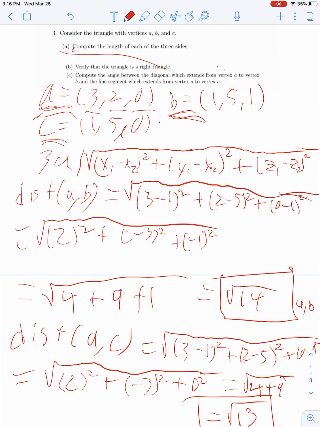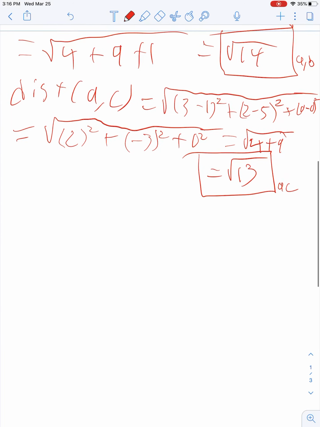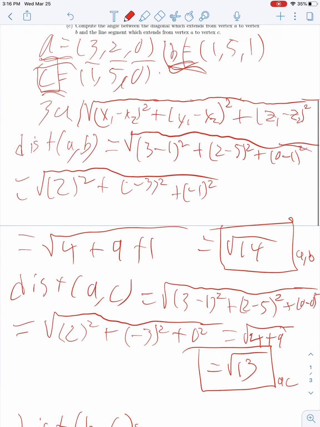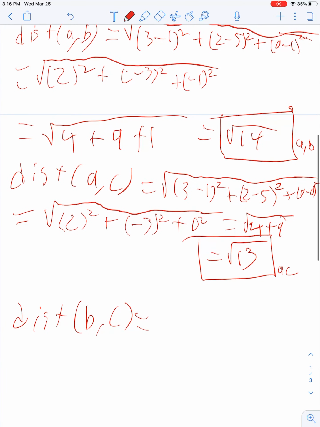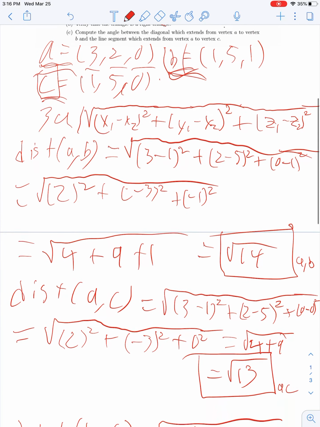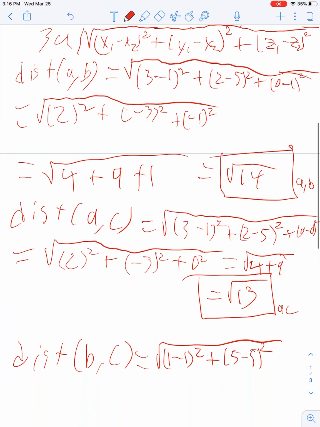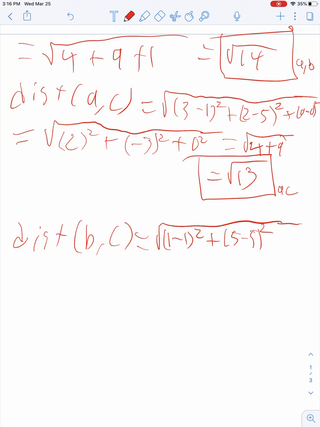And now let's solve for B and C as our remaining question. So the distance between B and C. So that's going to be, we're plugging into the same value, but we need to do now the square root of 1 minus 1 squared plus 5 minus 5 squared, and then 0 minus 1 squared.